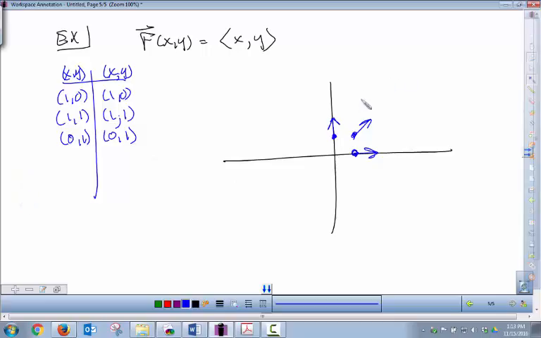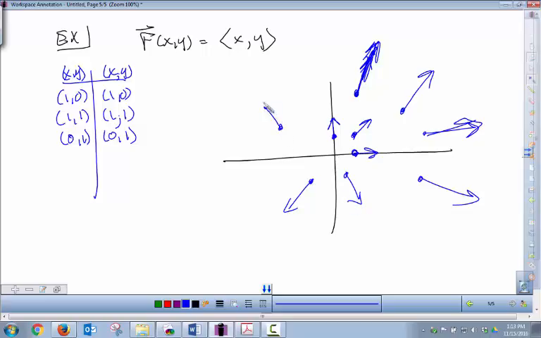And if you go further out, it'll be whatever the length of this is. Actually, this probably should be a little bit longer. So it looks like it's just going to be a vector field that goes outward.